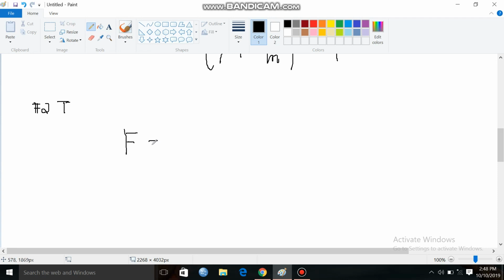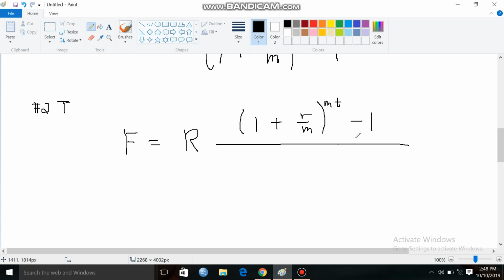So F equals R, the regular payment, times (1 plus r over m)^(mt) minus 1, all over r over m. The goal here is to look for the formula for the time, t.